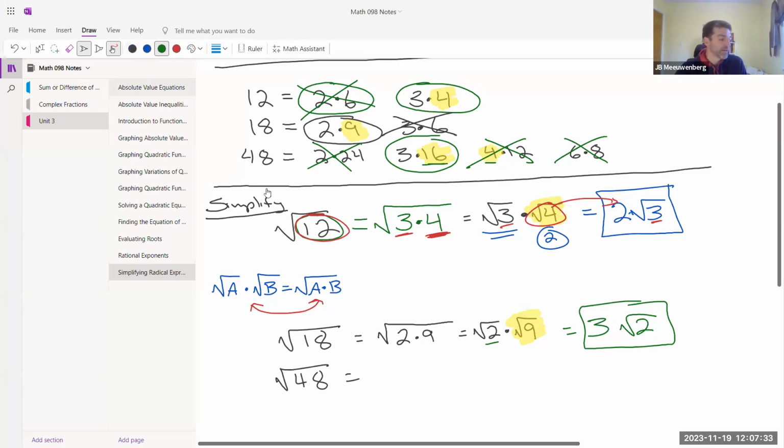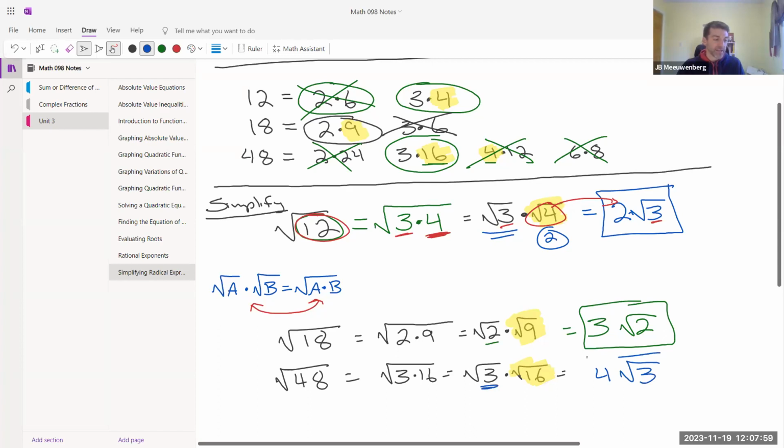Here's what that'll look like. We will take our square root of 3 times 16. We'll separate it into 2. Whoops, I said 2. I meant to write a 3. The square root of 3 times the square root of 16. And then we will take the square root of 16, which is 4, followed by radical 3.